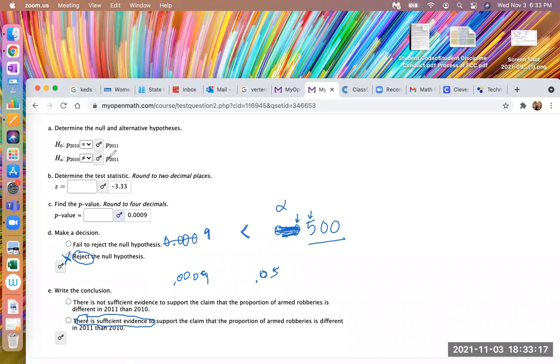We don't know, but there was something like that going on. Most likely, because we called this population 1 and that population 2, they subtracted 2 from 1 and got a larger number here. So it looks to me that probably 2011 was the larger proportion, and we can even calculate the proportion up there.